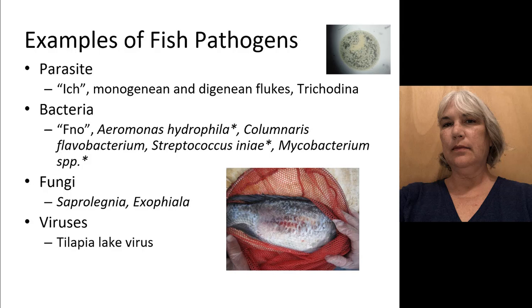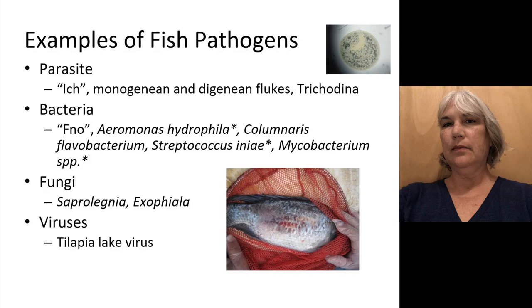Now, briefly going to go over what pathogens can affect your fish. Most of these are not zoonotic, meaning those that affect humans. The ones I have in asterisk are zoonotic, and I'll go through those in the next slide. So a pathogen can be a parasite, a bacteria, a fungus, or even a virus. Parasitic infections, typically you see they'll be rubbing, they'll be irritated.